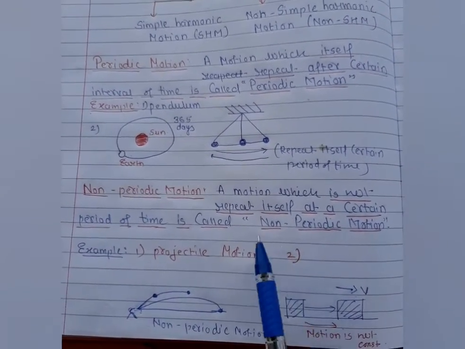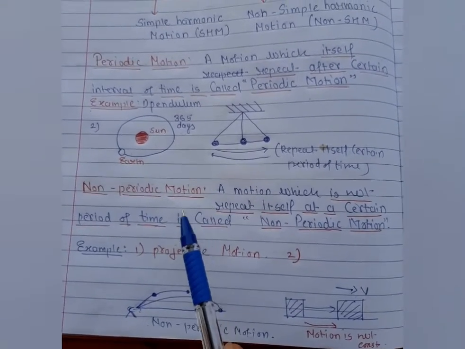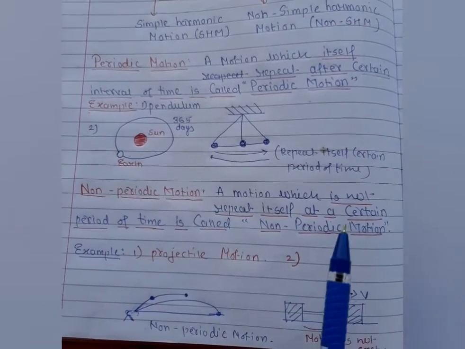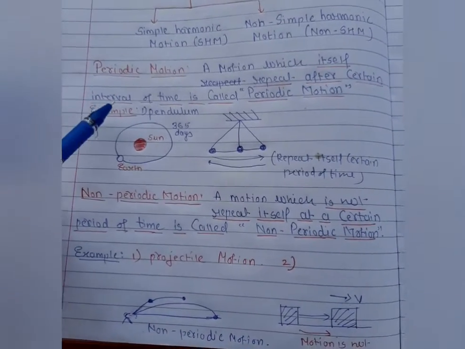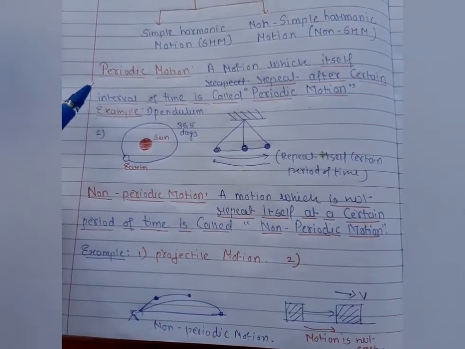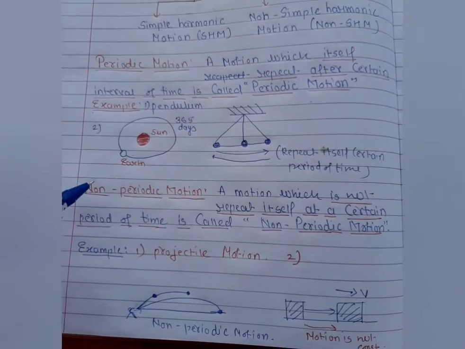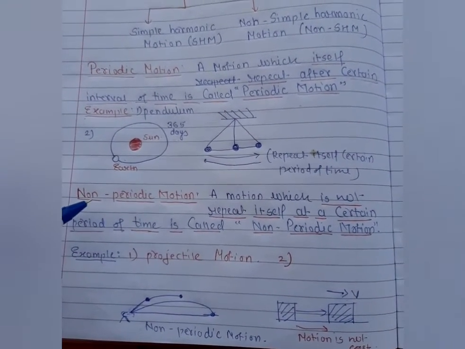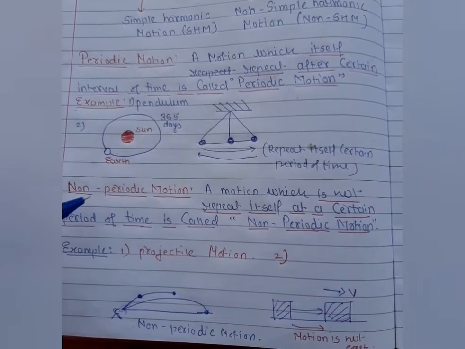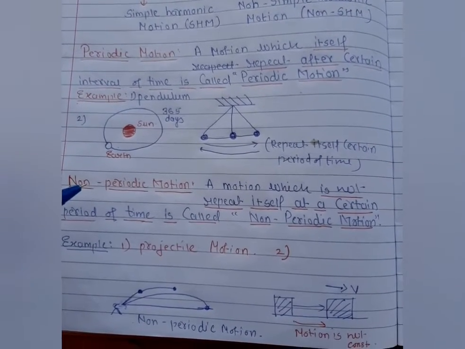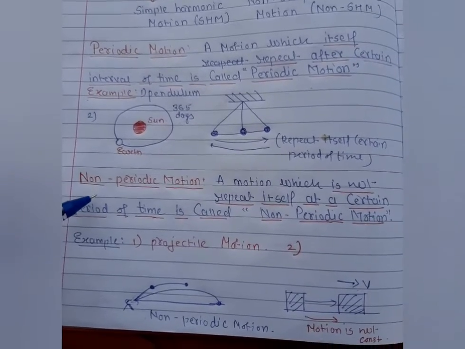So these are all examples of non-periodic motion. In our nature also, students, we have lots of examples of non-periodic motion. In periodic motion, we can say the fan is an example. But in non-periodic motion, we have lots of examples: when you are cycling, when you are using any vehicles, all of this is an example of non-periodic motion.